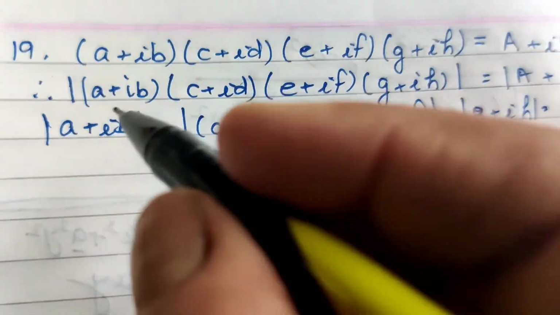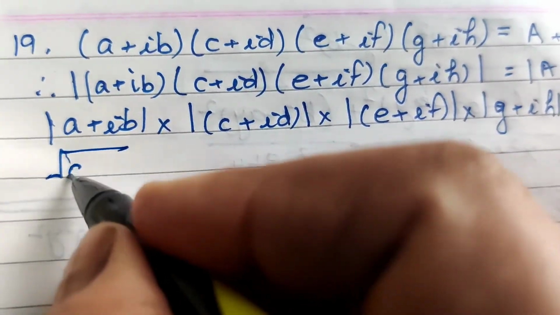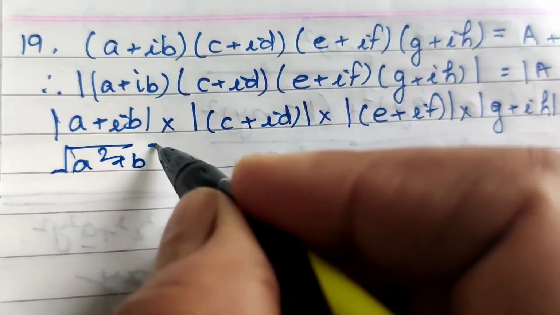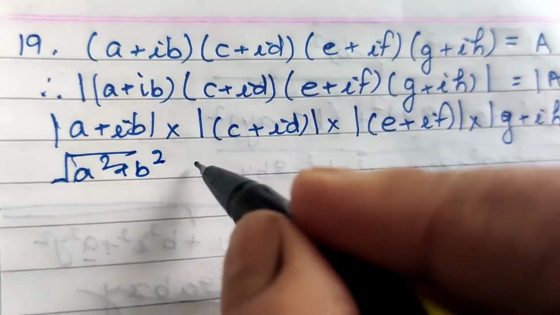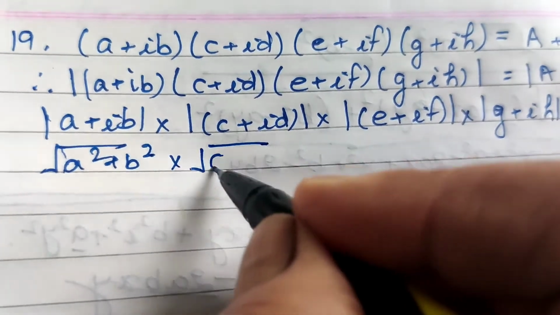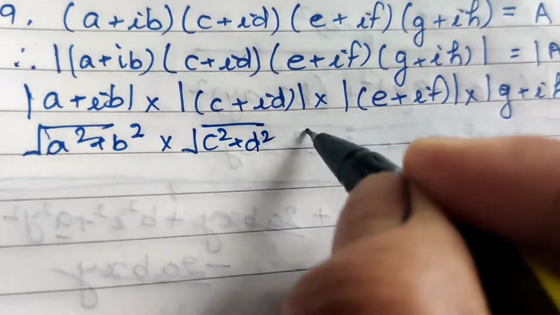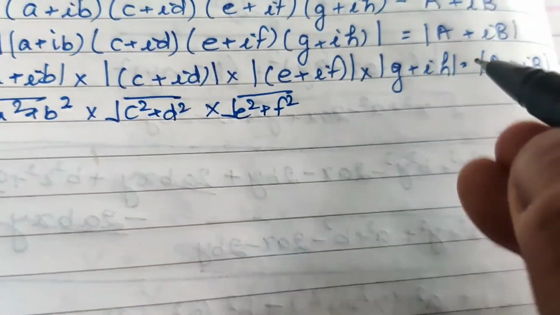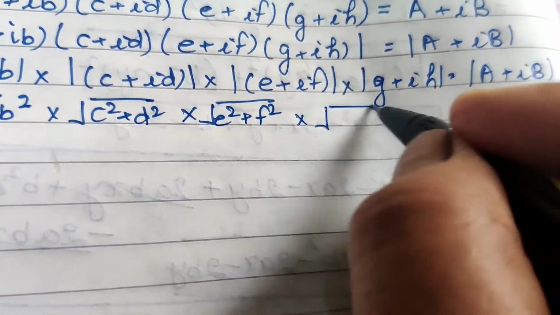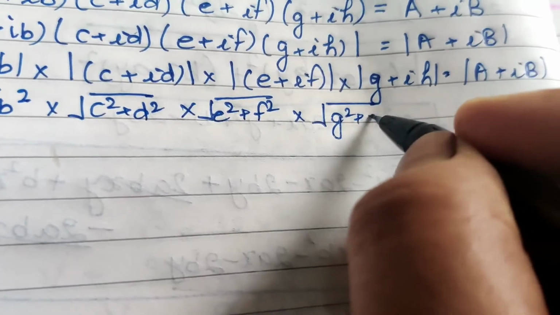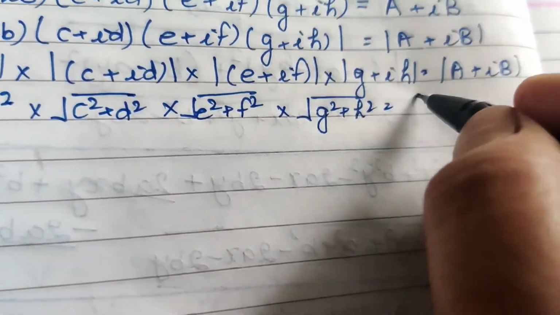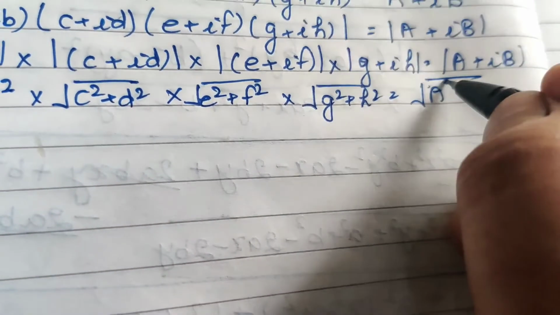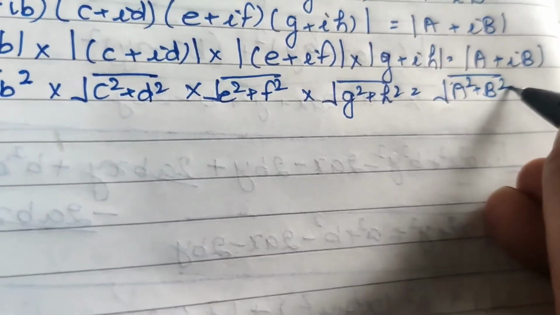Now write the values: under root a square plus b square into root c square plus d square, root e square plus f square, root g square plus h square, equal to root A square plus B square.